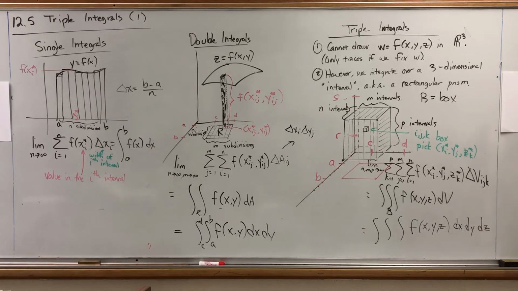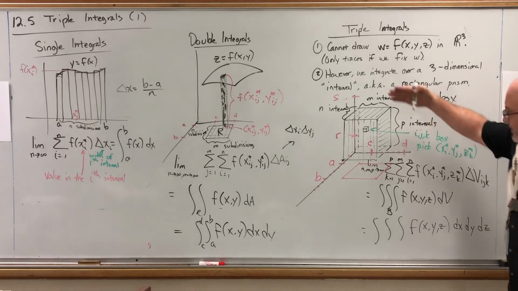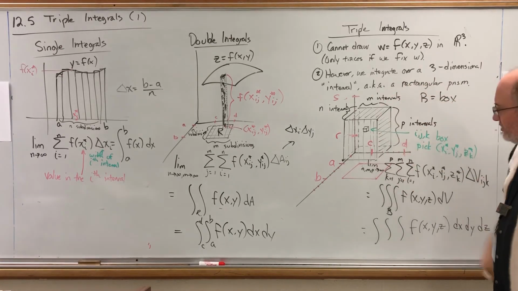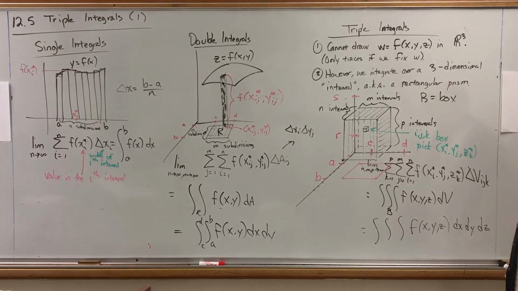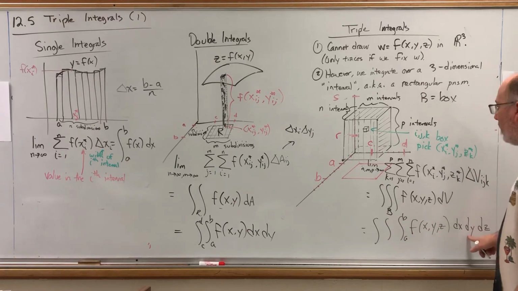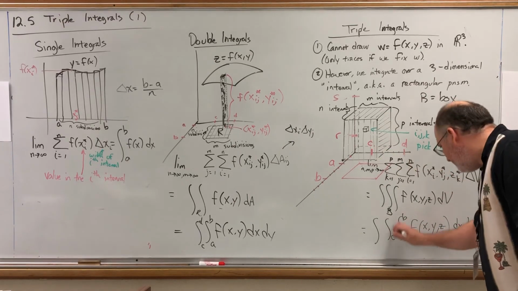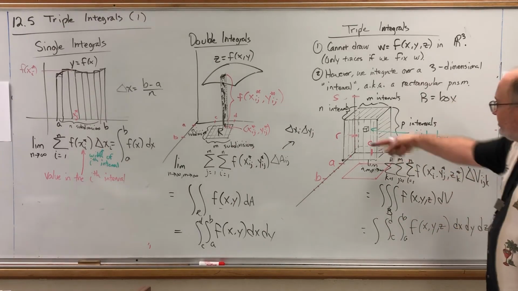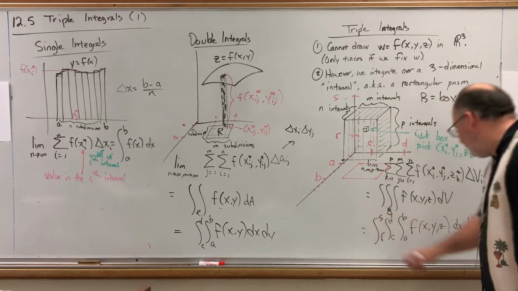Later, as you'll see, switching the order of integration can cause some headaches, unless it's a box, because the surfaces that define all six sides of the box are constants, so it doesn't matter which perspective you look at. We're going to integrate the x's from a to b, the y's from c to d, and the z's from r to s.